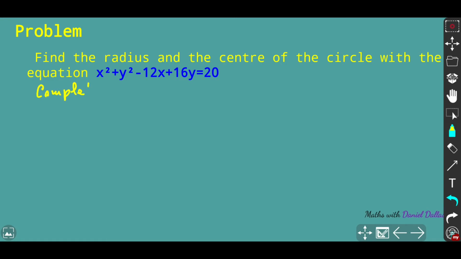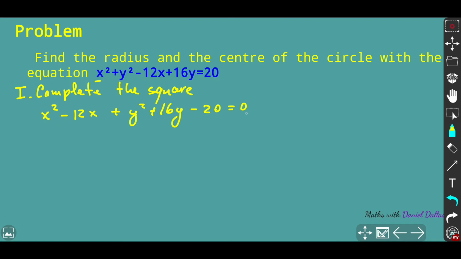Alright, so first, way one, complete the square. What we're going to do here is set up the variables, first related to x, so x squared minus 12x, then y squared plus 16y, and you can also transfer 20 here, so that's going to be 0. Now the next step is to remember completing the square.